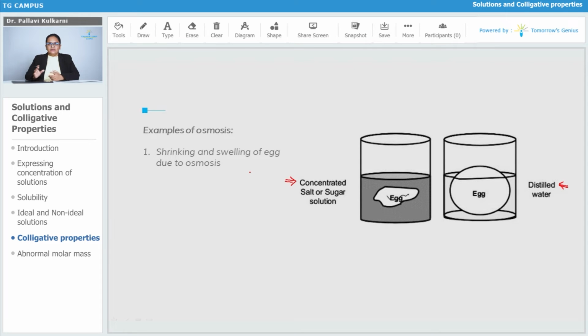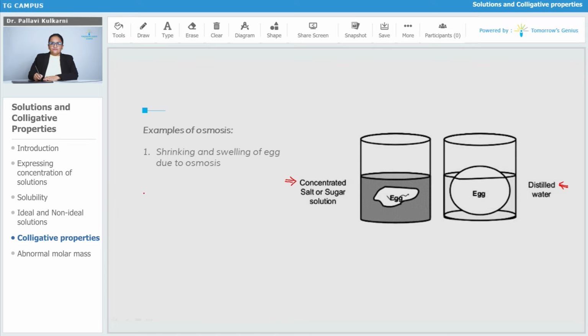We are going to add the egg in both of these beakers. The hard layer of the egg's outer surface is first dissolved in dilute HCl, and then two eggs are added to the two beakers, one containing the concentrated salt or sugar solution and another the distilled water.